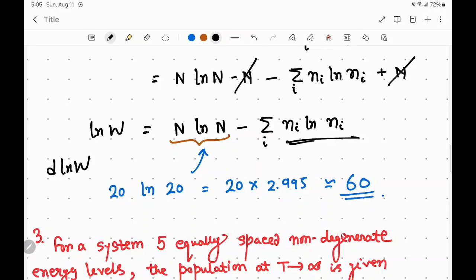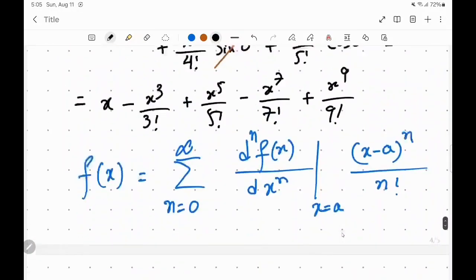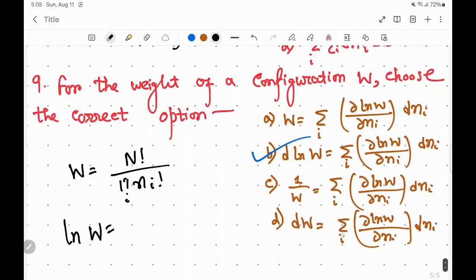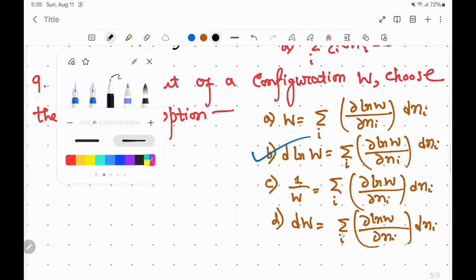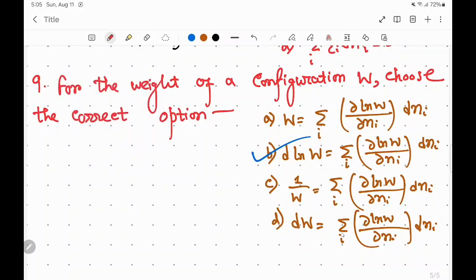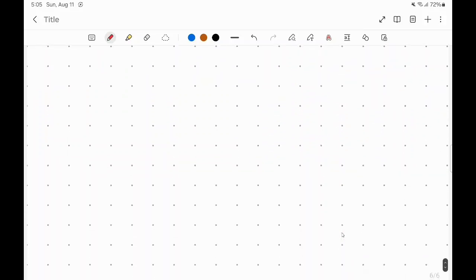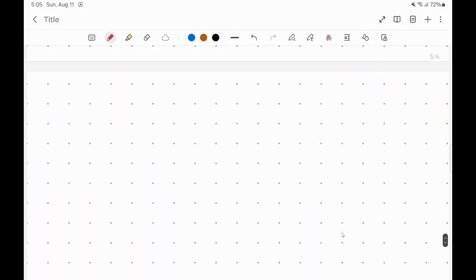From here only you will get the derivative part, and it will give this one. Should I do this? This was done in class even, no need. This is straightforward. With the Lagrangian undetermined multipliers alpha and beta, this is how the values of alpha and beta were calculated. Okay, question number 10.